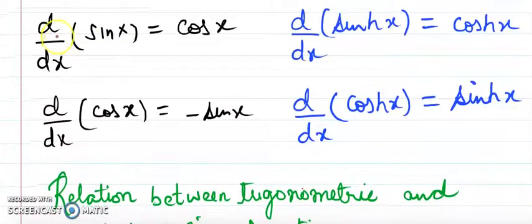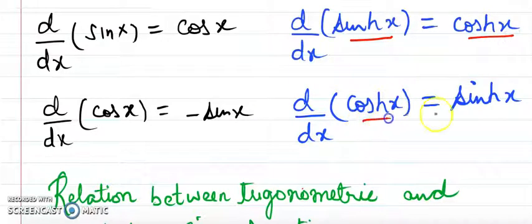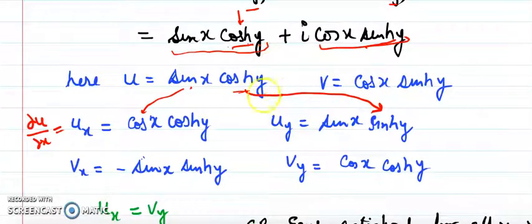Whenever they are trigonometric functions, the derivative of sine is cos, and the derivative of cos is minus sine x. But for hyperbolic functions, the differentiation of sinh is cosh and the differentiation of cosh is sinh. Remember, in the case of cosh, there is no minus sign. This is an important point you should remember, because here we are using it. So here I don't get any minus. So one part is done.